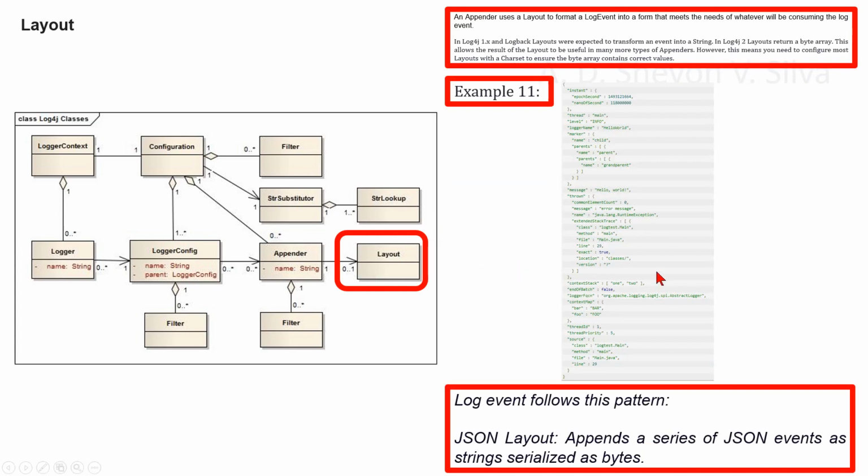Here you can see JSON layout appends a series of JSON events as a string serialized as bytes. Here you can see the log events follow this pattern in JSON.